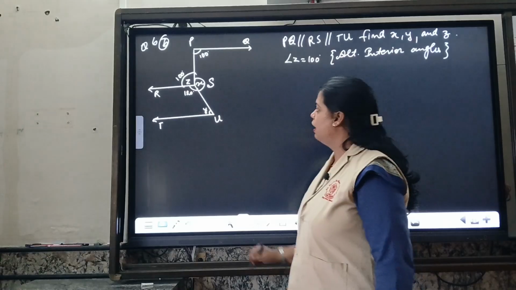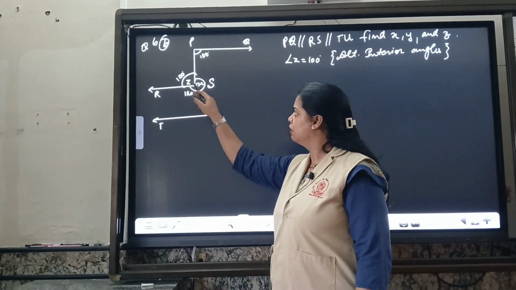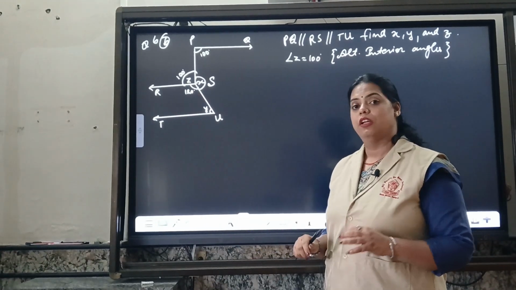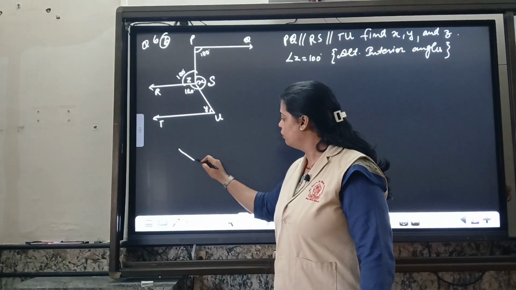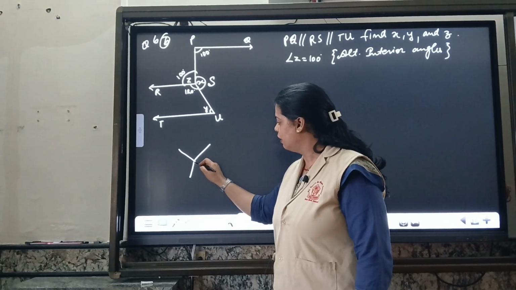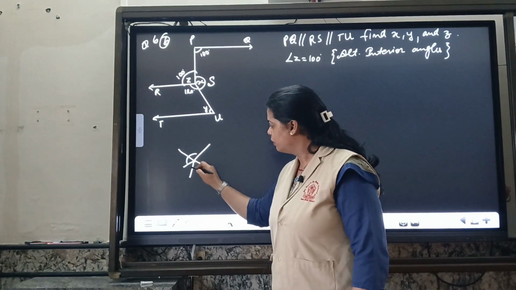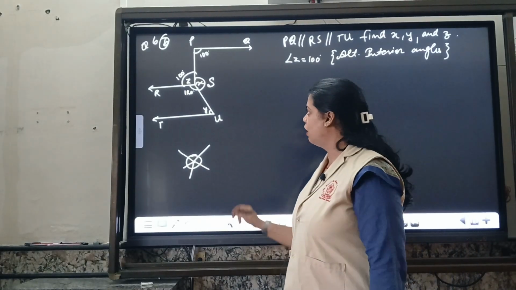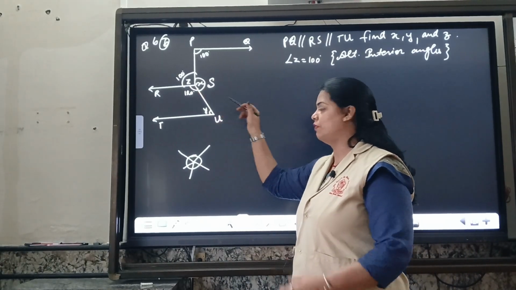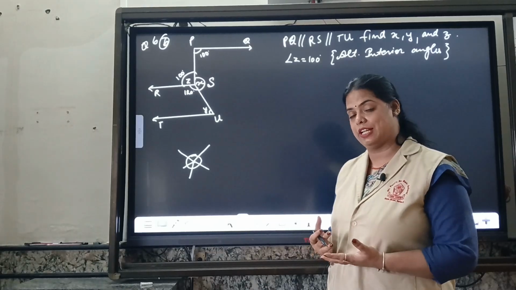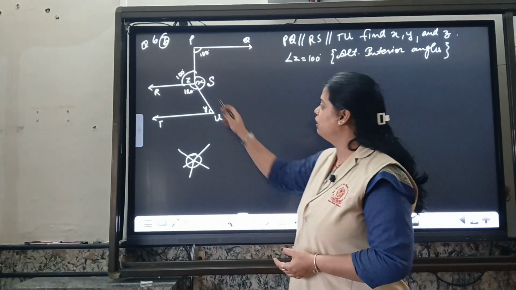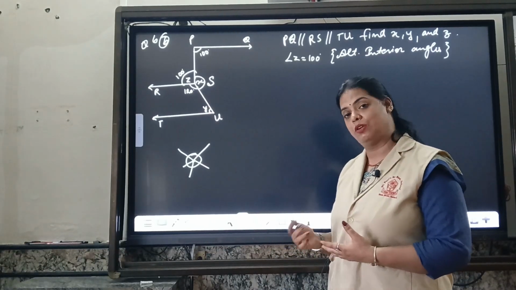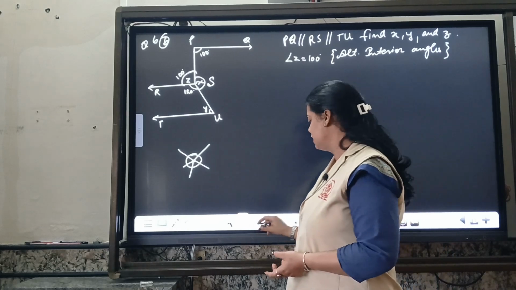Now I know two angles, 100 and 120. The angles around a point all make 360 degrees. The sum of all angles, a complete angle, is 360 degrees. So out of them I know 100 and 120. For the remaining angle X, I will add all three angles and put them equal to 360.